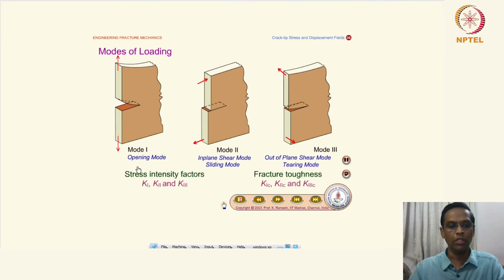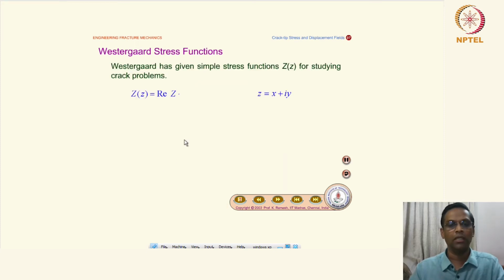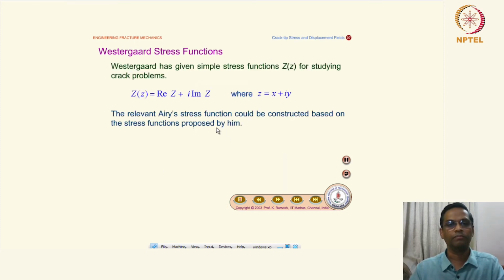So we are now going to look at the stress field for the mode 1 case, and we will see how fracture mechanics proceeds to derive this K1, that is the stress intensity factor. What is shown here is Westergaard's stress function.